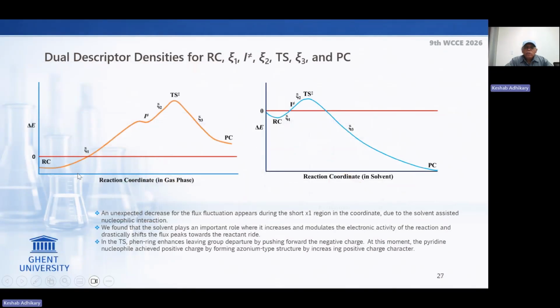From the calculation, we also calculate the energy profile for different structure steps with their energy, and we can generate this reaction path for the course of reaction by using the dual descriptor densities.